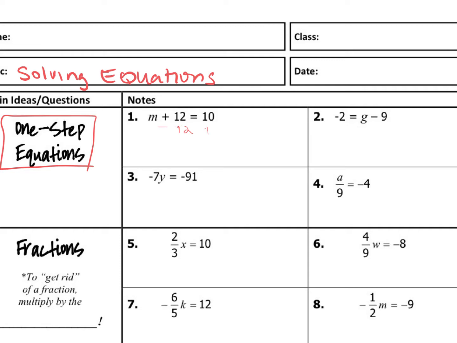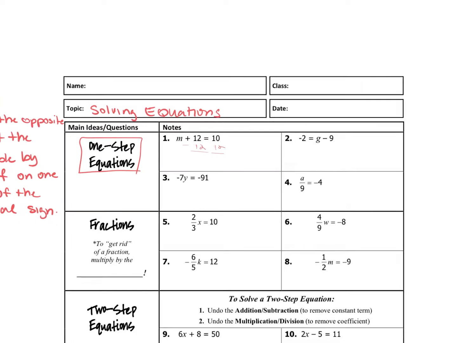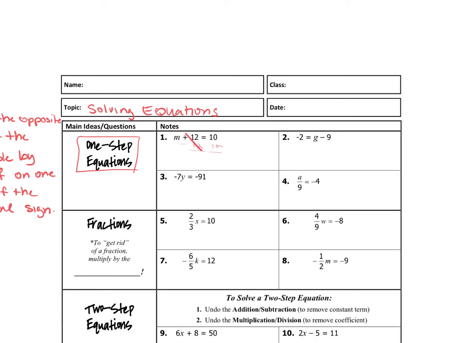Subtract 12 from both sides. This cancels. M is equal to -2. I don't know why that happened, but it did. So there we go.